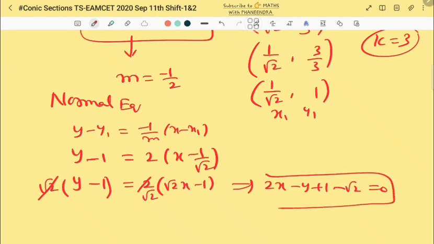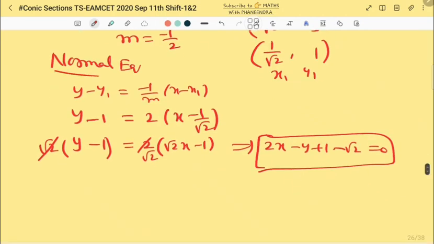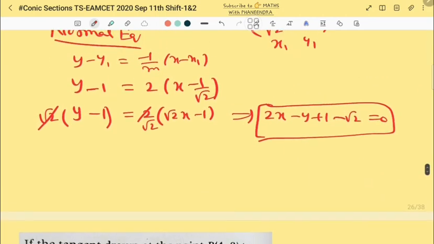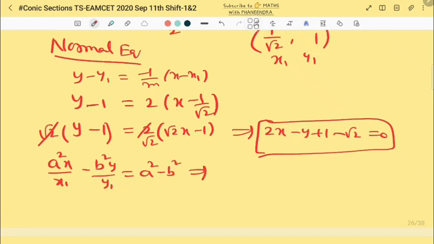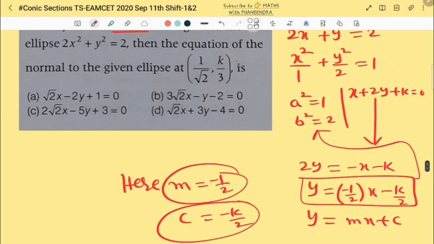If it doesn't work, what can we do with this value? The normal equation generally we have in the form a square x by x1 minus b square y by y1. Sometimes the formula only works out now, yes students. According to this, a square value is 1, b square value is 2.